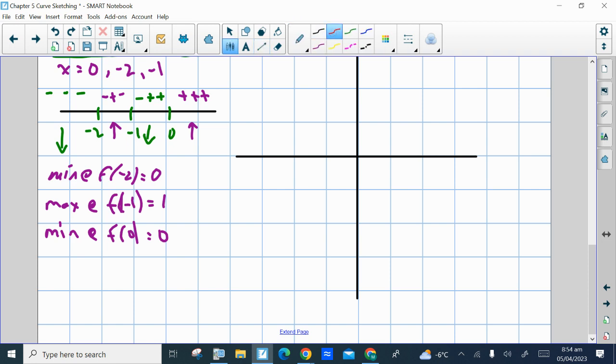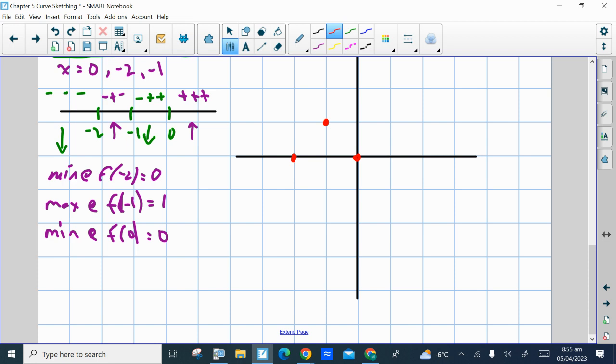So again, we have x-intercepts at 0 and negative 2. They both have multiplicities of 2. The graph bounces off the x-axis there. We have a minimum at negative 2, 0, which we already have, as well as 0, 0. Our maximum is at negative 1, 1.